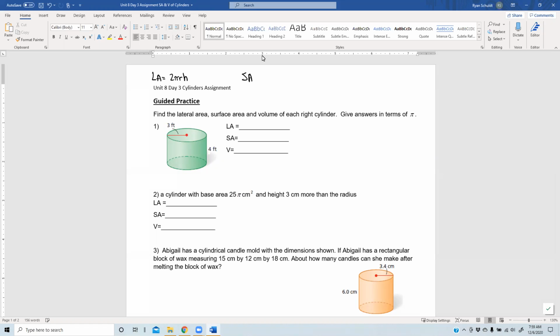For total surface area, we said 2 pi r times h plus 2 pi r squared. And for volume, the formula chart just tells you BH, but we said B is pi r squared times h.